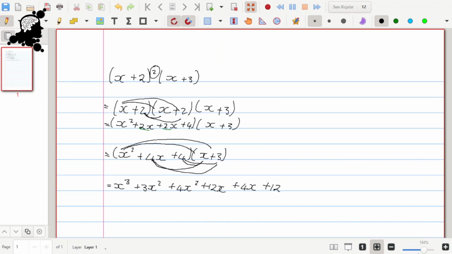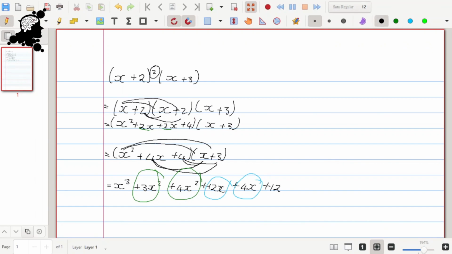Okay, let's try and see if we have any like terms in this expression. We have 3x squared and 4x squared. Also, there's a second set of like terms that we have here. We have the 12x and the 4x.